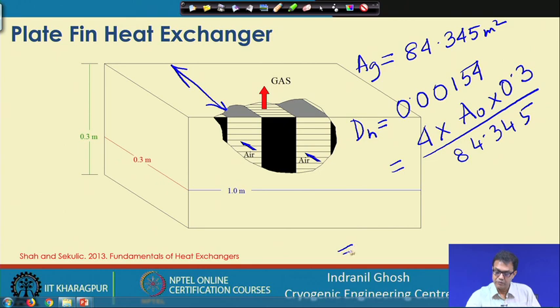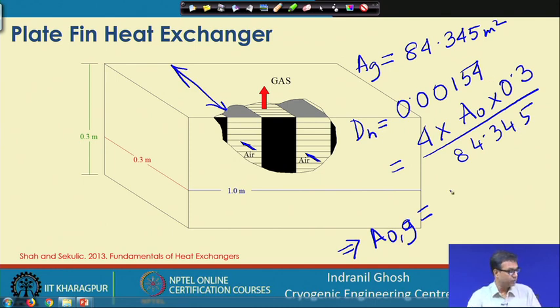From there we can calculate A0 for the gas side. So, A0 is the hydraulic diameter multiplied by 84.345, divided by 4 and 0.3.